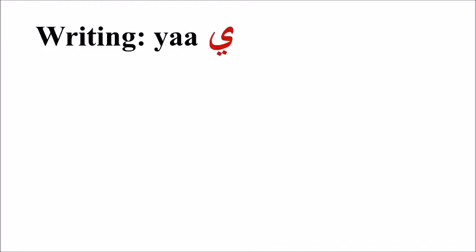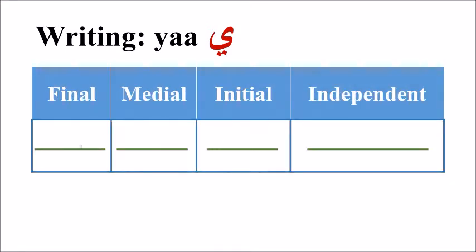Writing ya. As you can see, the independent and final forms of ya differ slightly from the initial and medial forms. Like ba, ta, and tha, which it resembles in its initial and medial shapes, this letter is a connecting one.